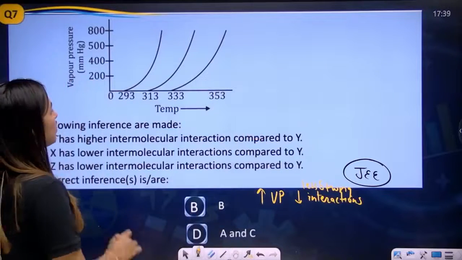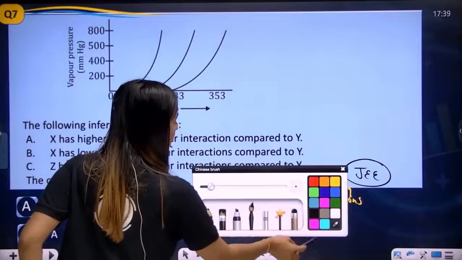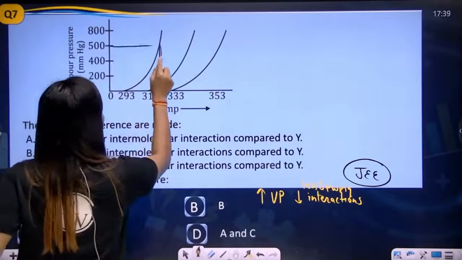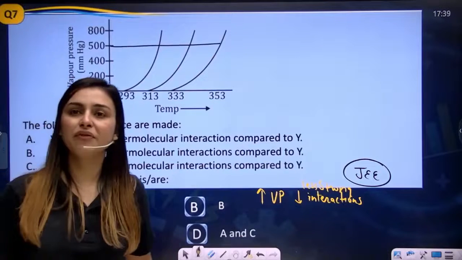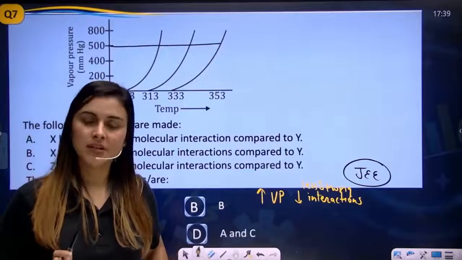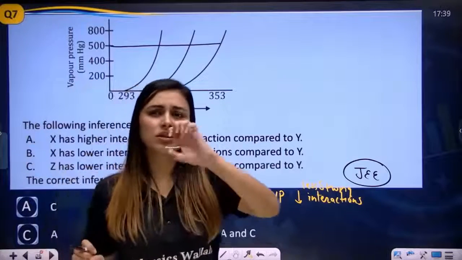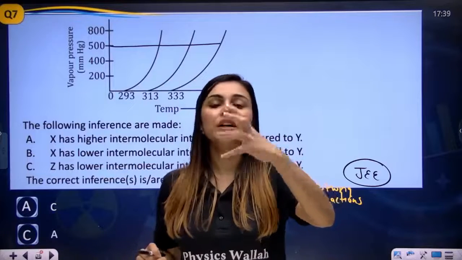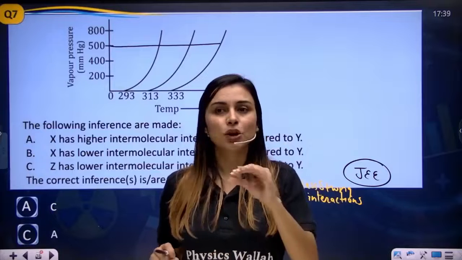Now what will we do? Let's fix the vapor pressure. Now I have fixed the vapor pressure. Imagine the vapor pressure is 500. Which component will achieve 500 vapor pressure at a lower temperature?